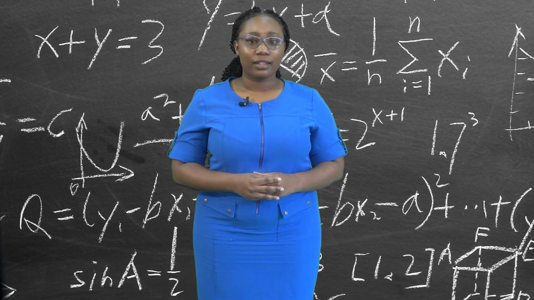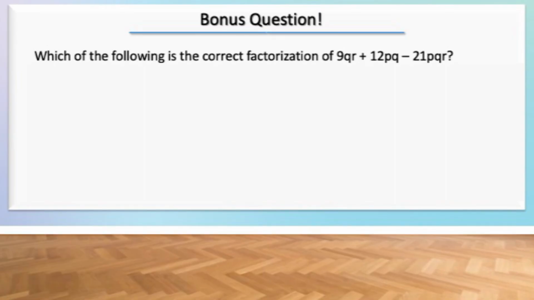Okay students, you have been doing well so far. Here is a final task for you. Which of the following is the correct factorization of 9qr plus 12qp minus 21qpr? Is it A, 9 multiplied by qr plus 2qp minus 7qpr?